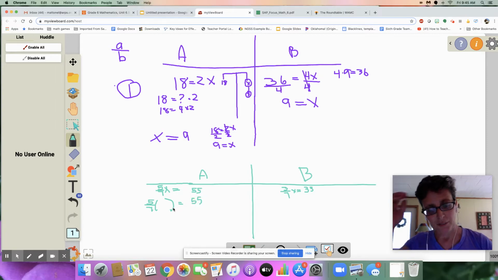Well, I know 5 times 11 is 55, so I know I'm going to have something in here. That's a little confusing, and I think I'm going to jump to dividing by 5/7.